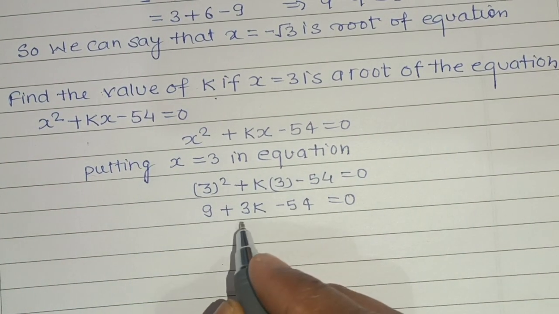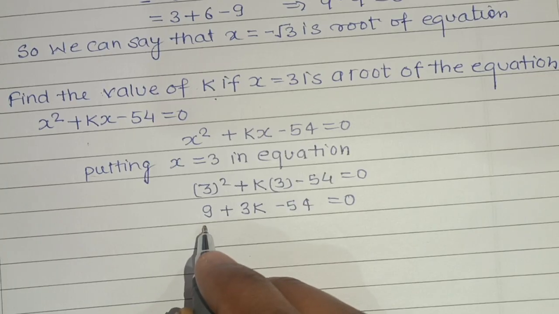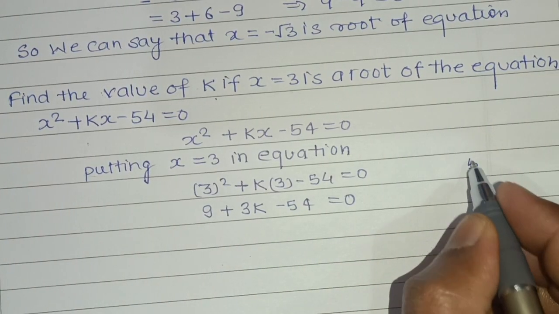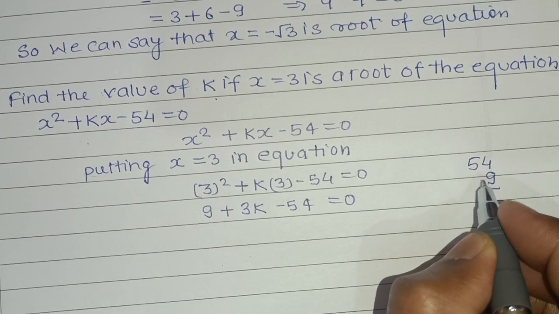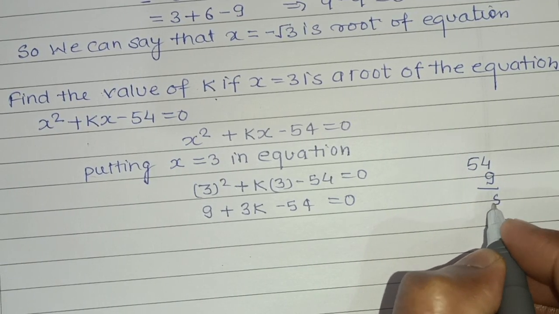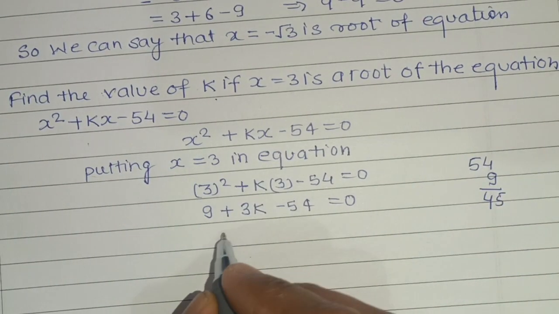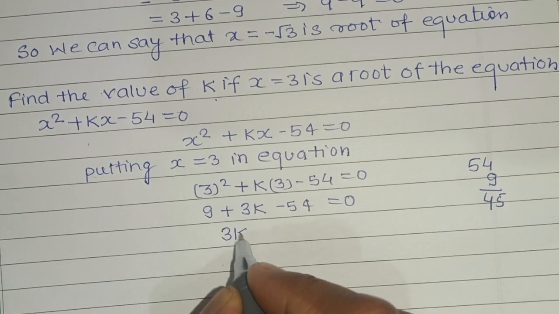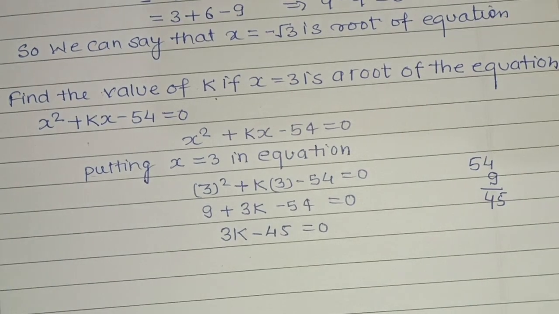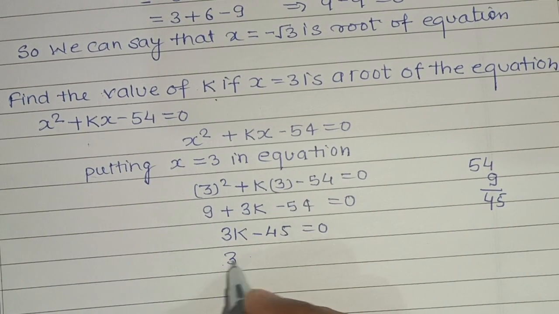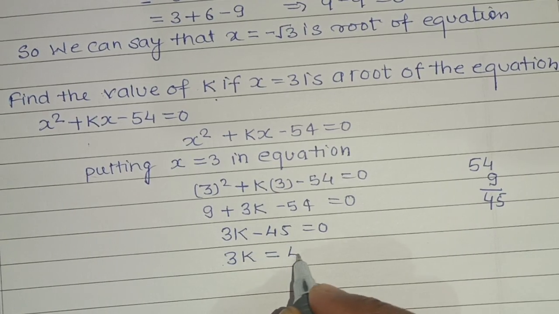So subtracting 9 from 54 we will get 45. So 3k minus 45 is equal to 0. So 3k is equal to 45.